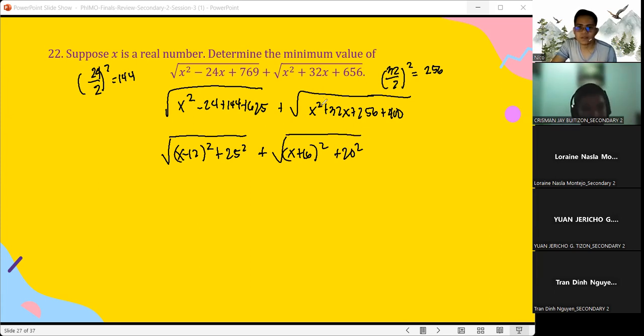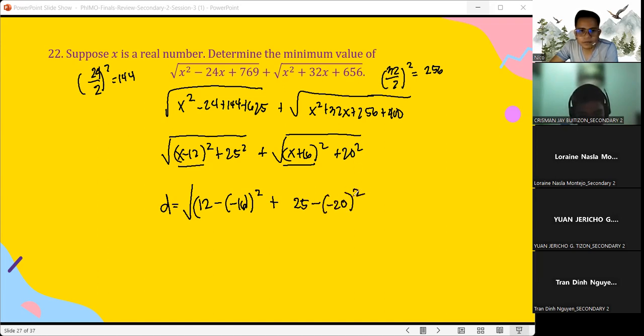Then what's the shortcut that I told you here? You have to take the values of this one. So the distance is equal to the square root of 12 minus 16 squared plus 25 minus, the other one should be negative, diba? So minus 20. I already taught you the shortcut for this one.